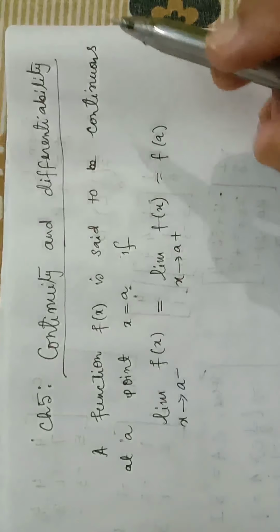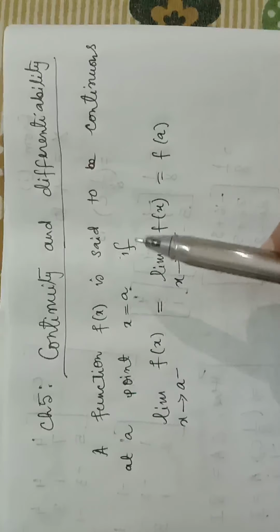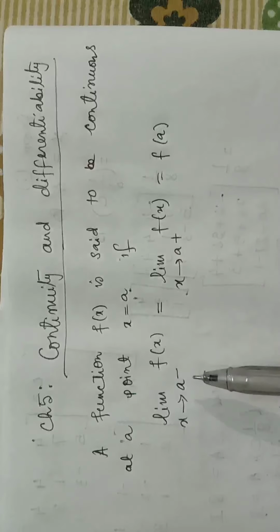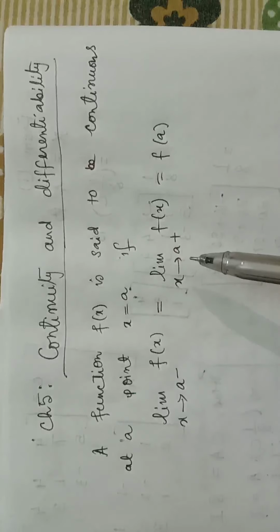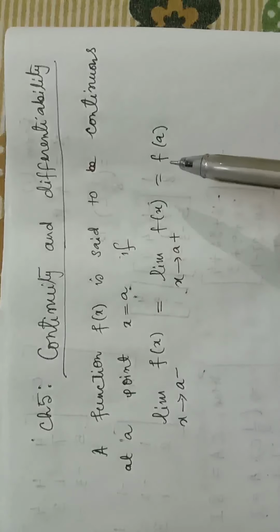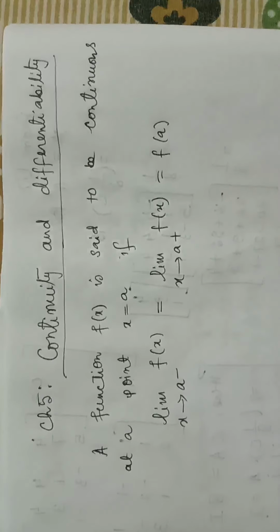A function f(x) will be continuous at a point x equal to a if the left hand limit at x equal to a equals the right hand limit at x equal to a and equals the functional value of f at x equal to a.